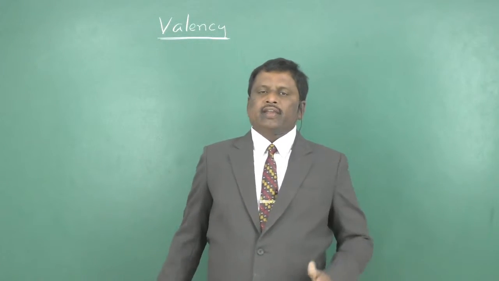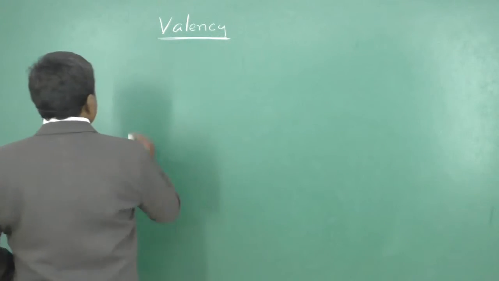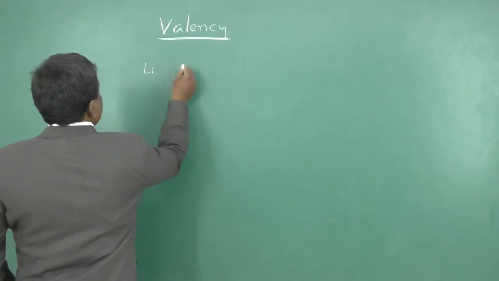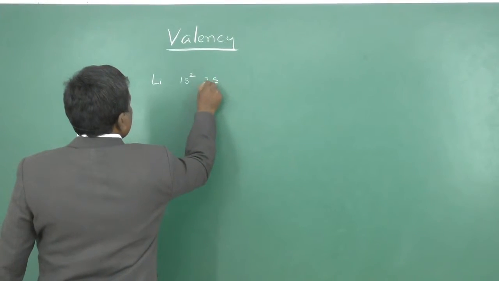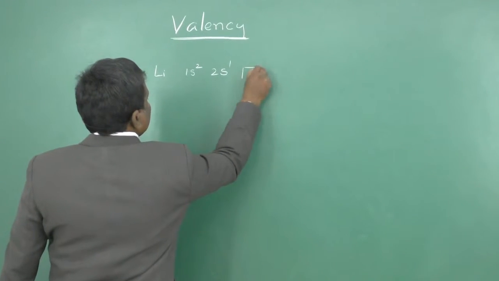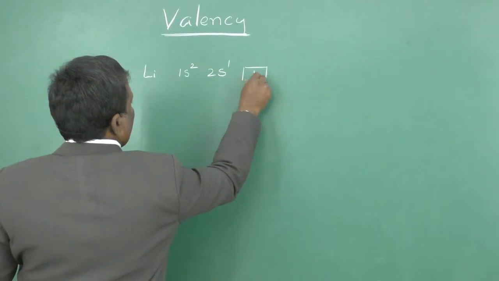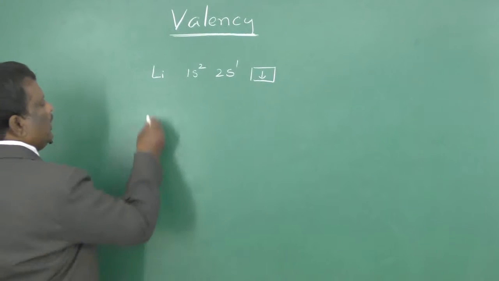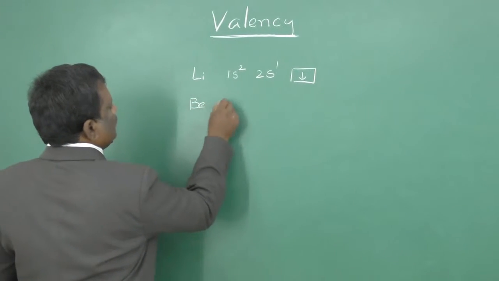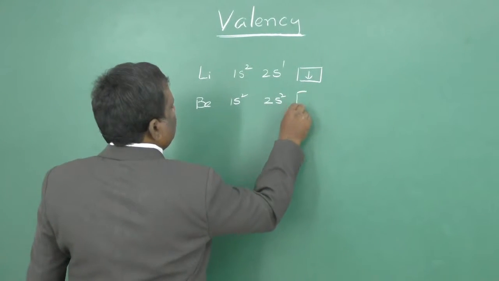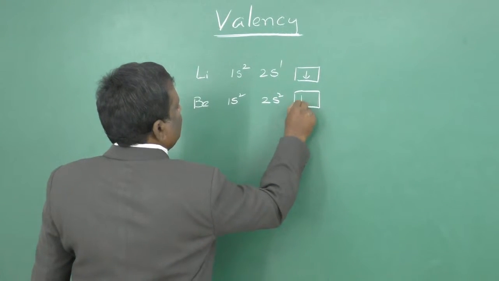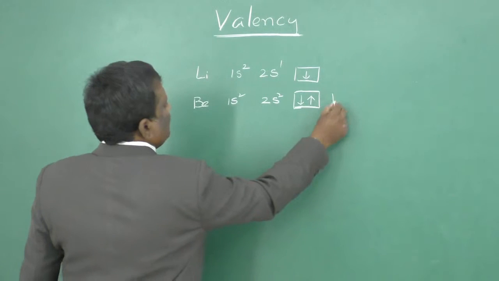Let us verify. For example, lithium. Its electronic configuration is 1s2, 2s1. So, this is the valency shell. In the valency shell, you have one electron. Now, beryllium, 1s2, 2s2. That means here in the second energy level, you have 2 electrons in the 2s orbital.